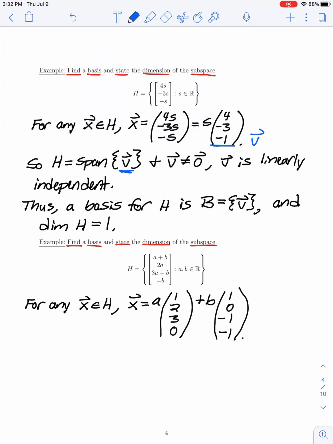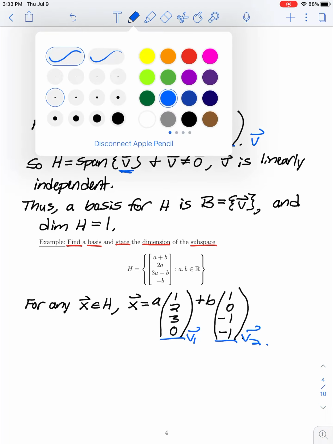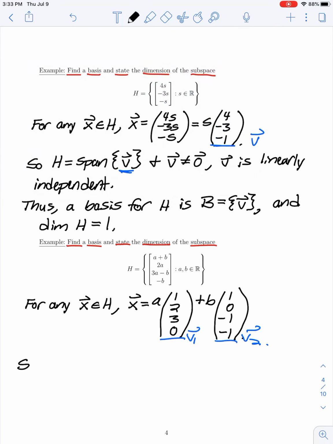So these two vectors, let's call them v1 and v2. And we see that any vector in H can be written as a linear combination of those two vectors. So H can be considered as the span of the vectors v1 and v2.